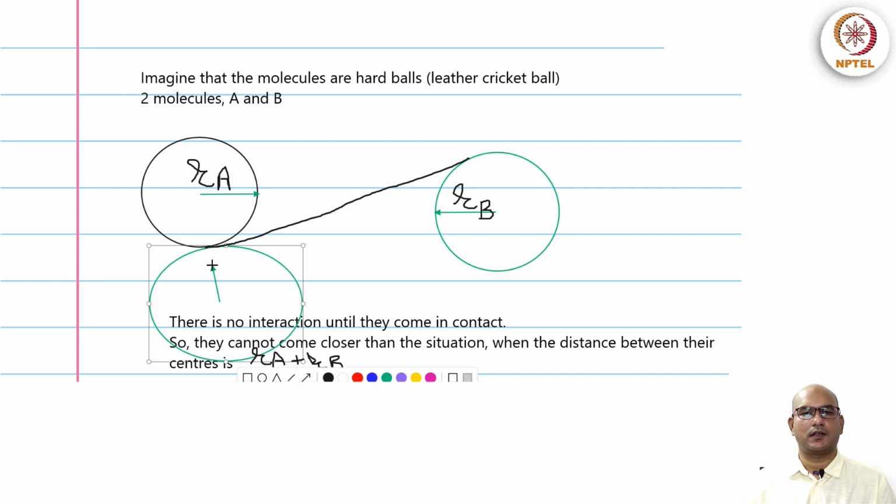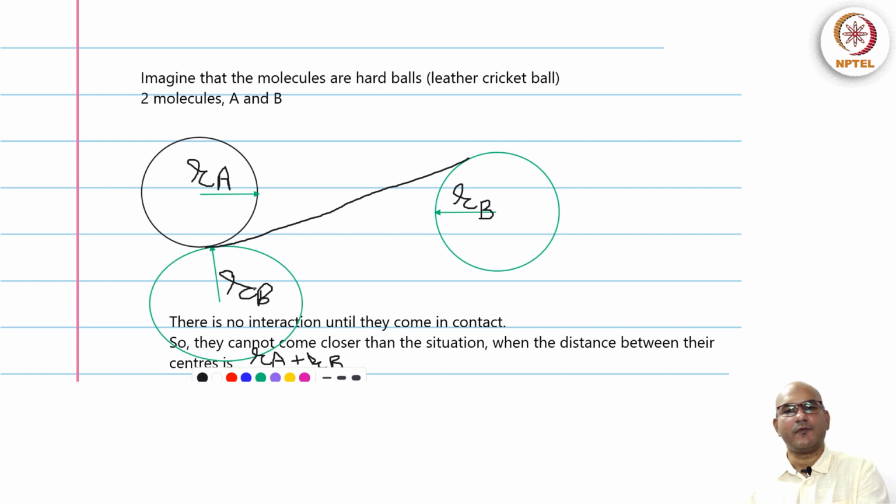And this is RB. So this collision will happen to the extent that the distance between the centers of molecule A and molecule B is no further than RA plus RB apart.